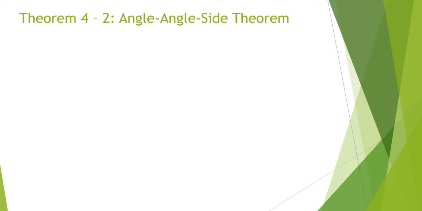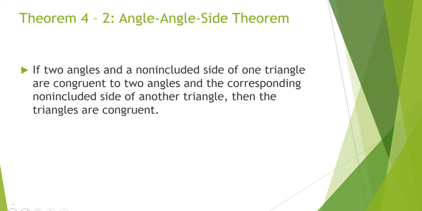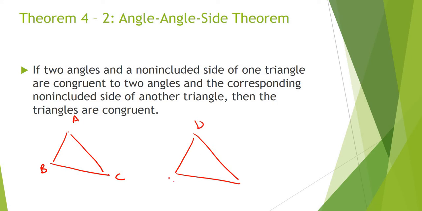So our next theorem is the angle angle side theorem. And this one says if two angles and a non-included side, so not the side between them, of one triangle are congruent to two angles and the corresponding non-included side of the other triangle, then the triangles are congruent. So again, I've got A, B, C, and I'm going to do D, E, F. So two angles and a non-included side.